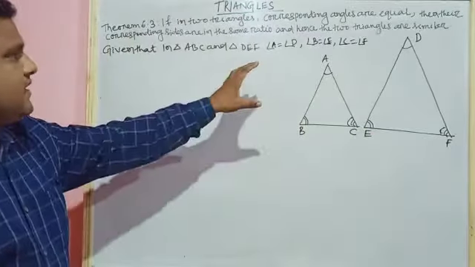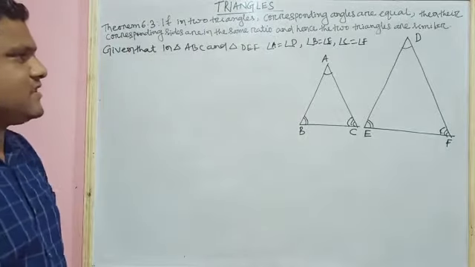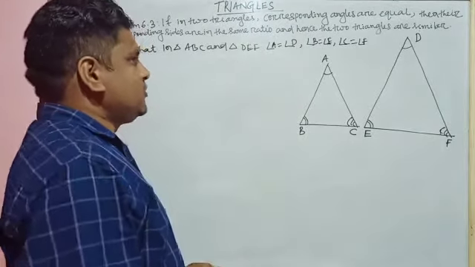We have to prove that their corresponding sides are in the same ratio, and hence the two triangles are similar.